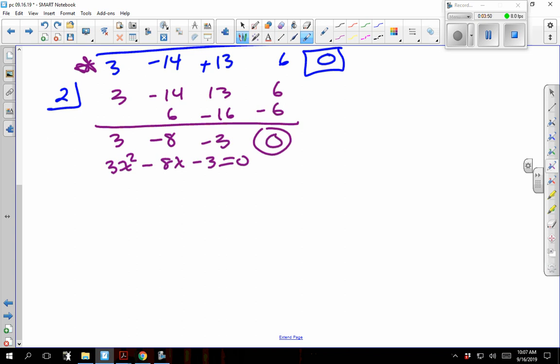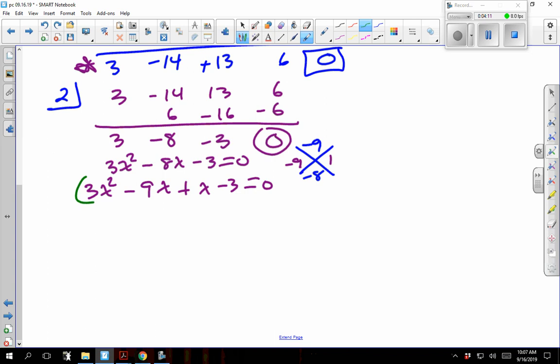We're looking for factors of negative 9 that add up to negative 8. And if all goes well, that would be negative 9 and positive 1. So 3x squared minus 9x plus x minus 3 equals 0. We're going to group and factor.